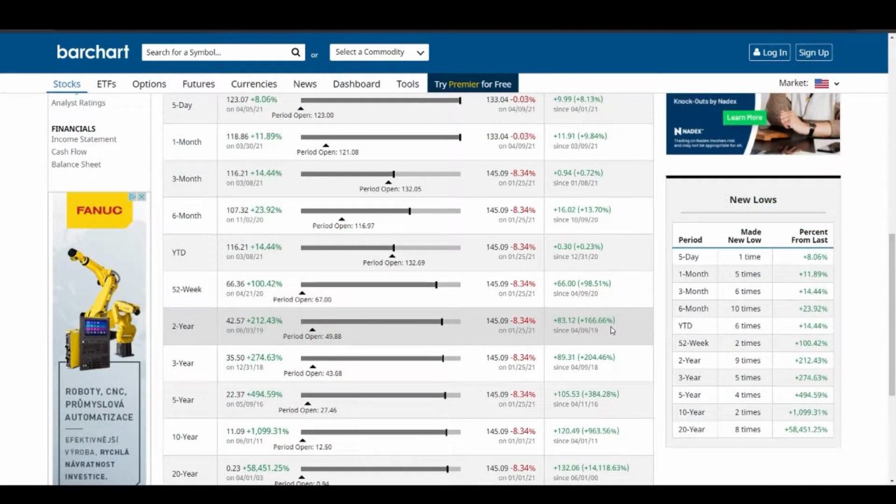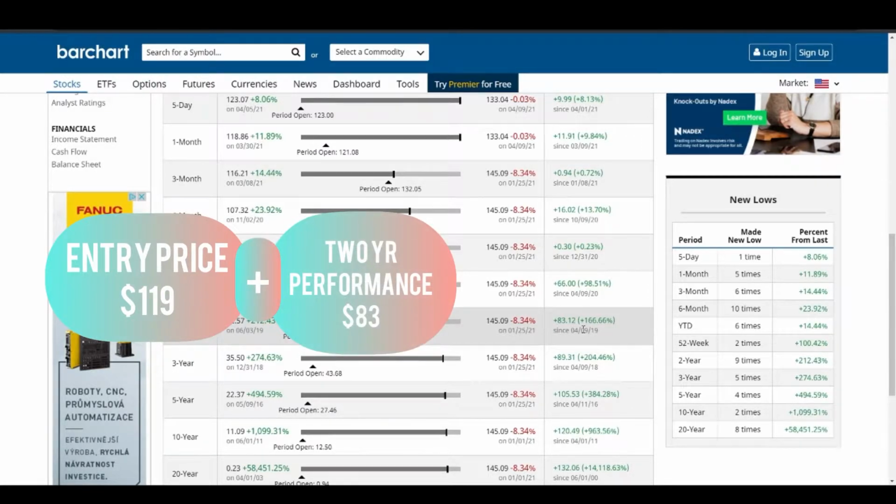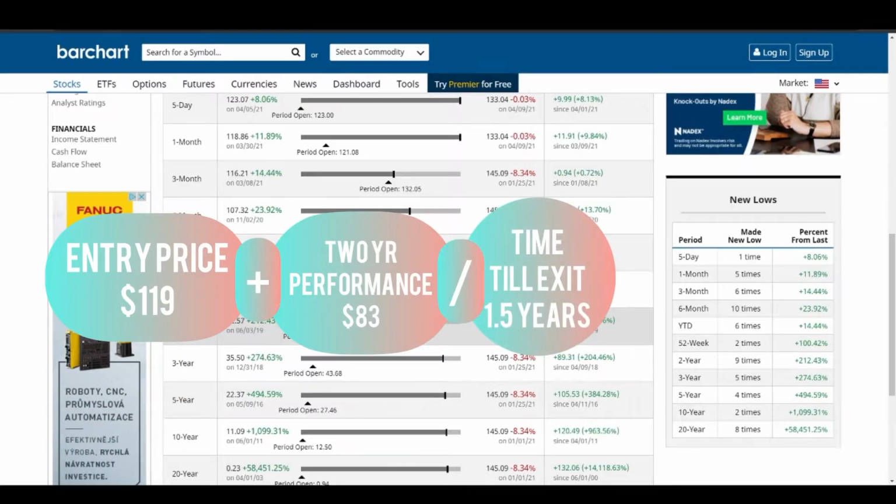Being that we're looking at our 2-year, you can see we have that figure of $83 for the 2-year performance. We already discovered that our entry point is going to be 119. So we're going to use that number and add that to our 2-year performance. Then we're going to divide that by the amount of time we're going to be in the trade, which is 1.5.